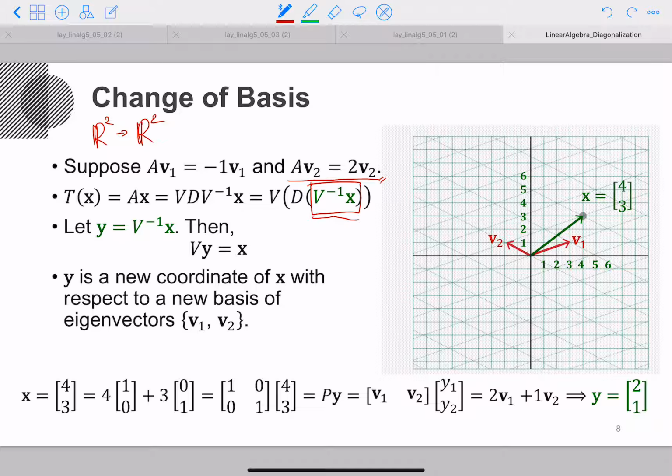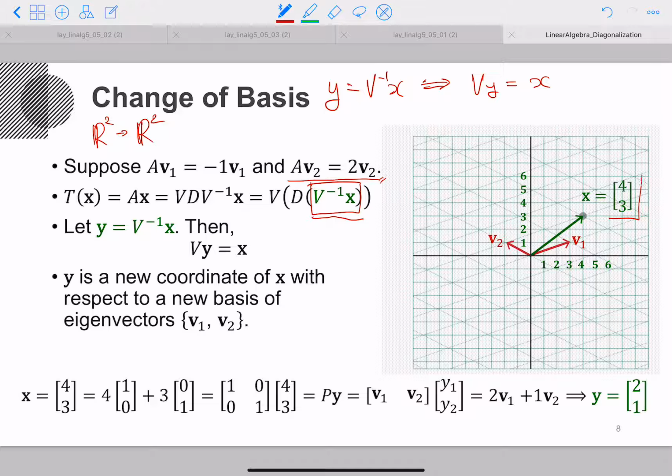And then what's the meaning of this transformation V inverse times x? Let's call this y, right? We know V is a square and also invertible matrix, as we saw already, so V inverse is in this form, and it can be written as Vy equal to x, right?